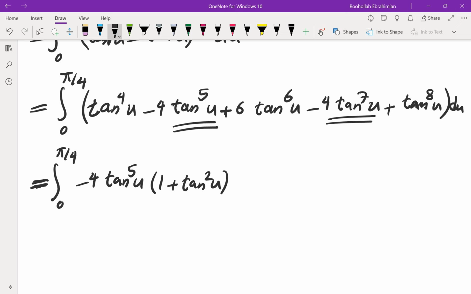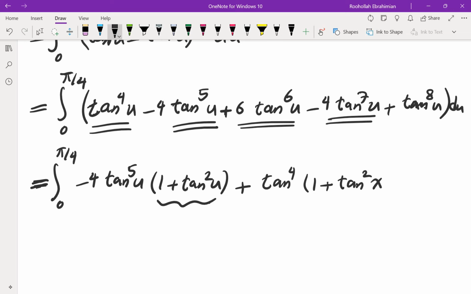This is nice because the derivative of tangent is 1 plus tan squared, and then this is not very difficult to integrate. I can do the same thing with this term and this term. If you factor out tan to the power of 4, you are left with 1 plus tan squared.